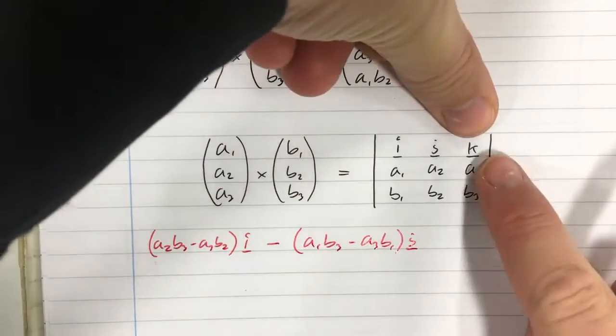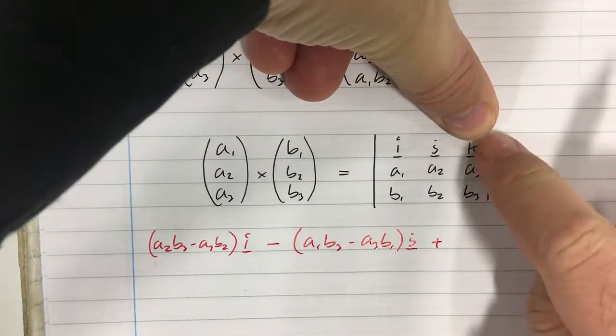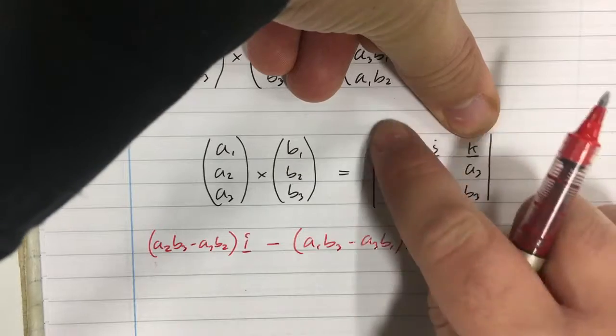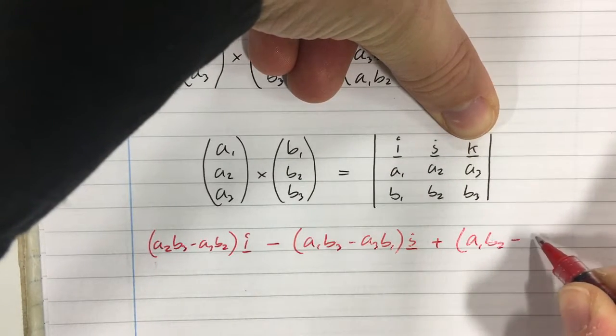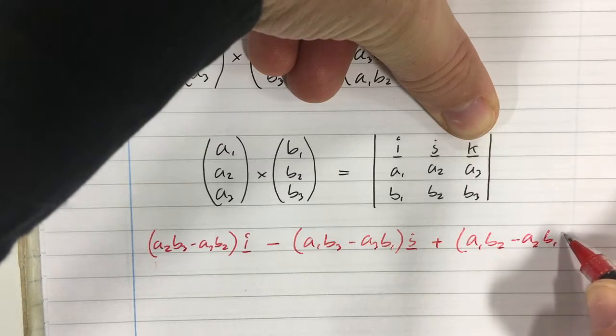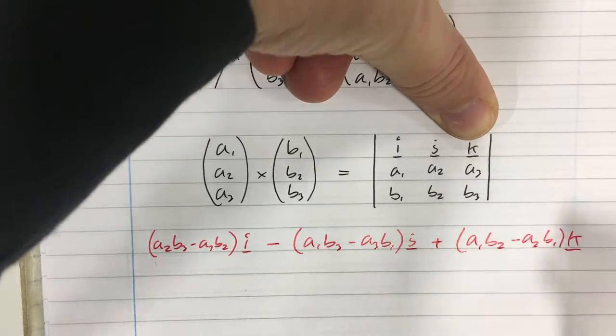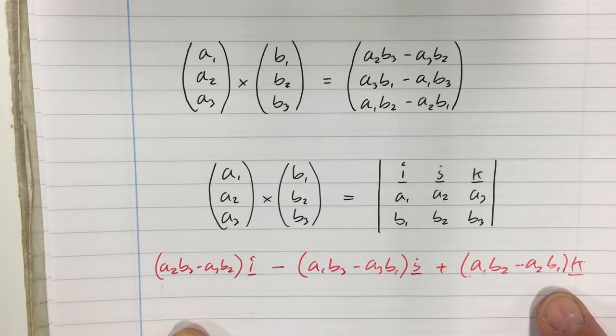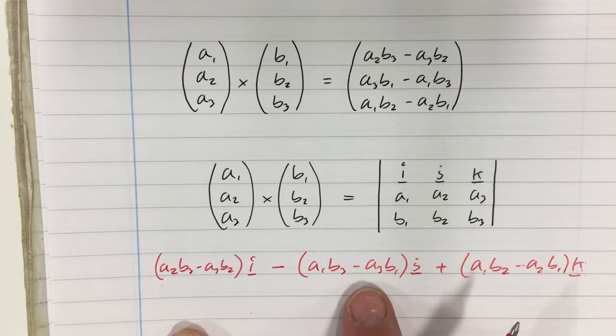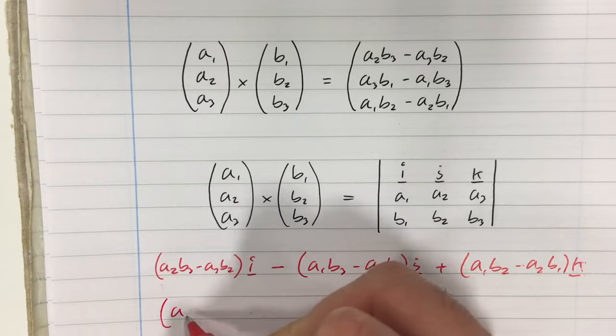And in the k direction, this is in a positive position. Delete the column, delete the row, we're left with this minor here. So that's A1 B2 minus A2 B1 K. And that is the same result as we had up here. Of course, we've got a minus kicking around in there, so we can neaten that up.